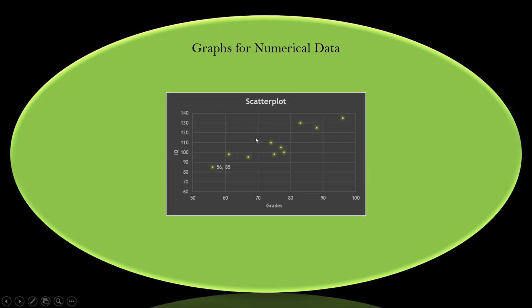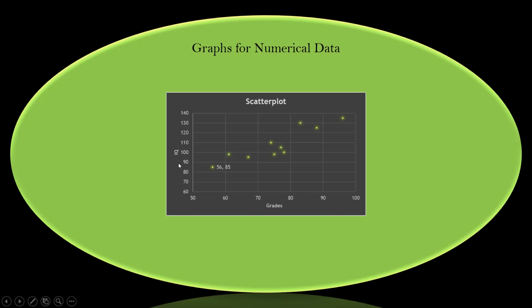Here's a scatter plot. We will talk more about the scatter plot when we talk about bivariate data, specifically the Pearson product-moment correlation coefficient, or just Pearson's r. But unlike the previous graphs, this graph always displays the relationship between two distinct variables, such as grades and IQ.